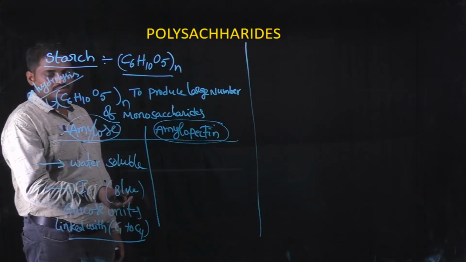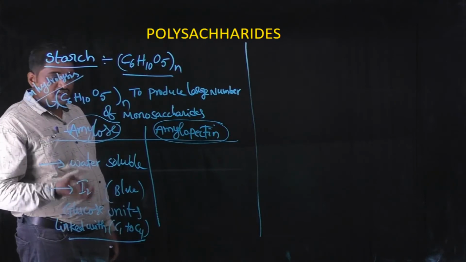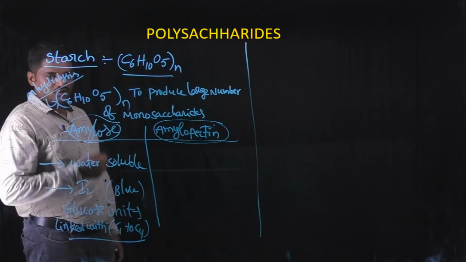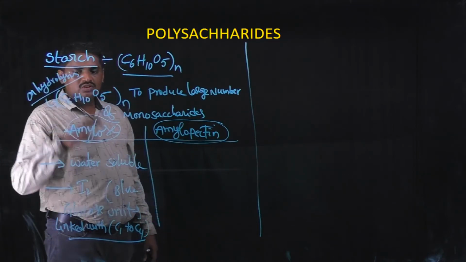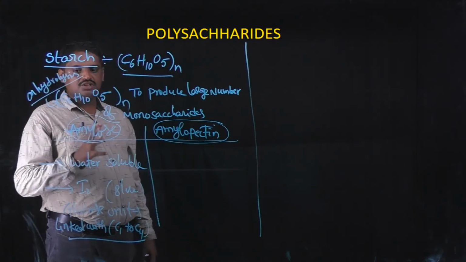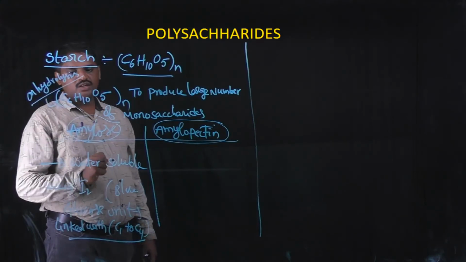That linkage is only observed for amylose. This is one of the parts of starch, completely soluble in water.